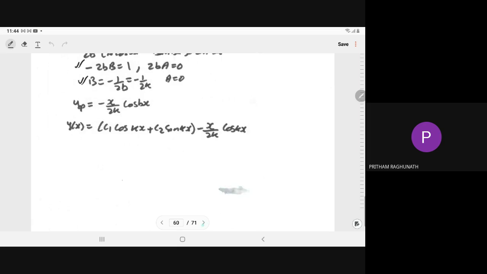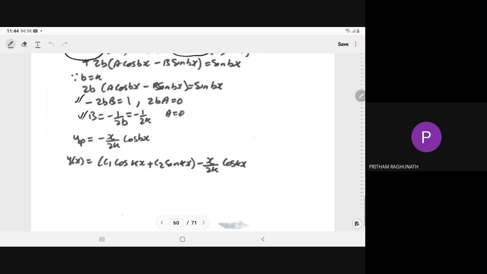So you will get the required yp as minus x upon 2k cos bx. Then y is equal to yg plus yp. So y is c1 cos kx plus c2 sin kx minus x upon 2k cos kx.